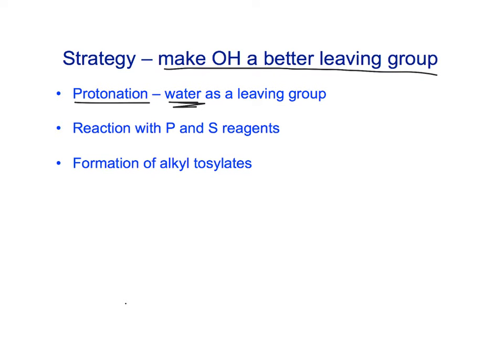Water is much less basic, and so water can be a much better leaving group. Another strategy will be to use several phosphorus and sulfur reagents, and each of those will allow OH to be made into a better leaving group. And the last one is to include the formation of what are called alkyl tosylates. So we'll go through these one at a time.